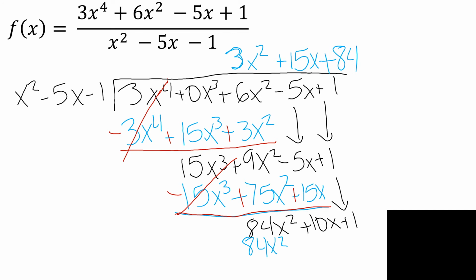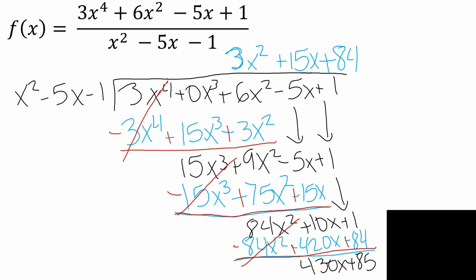84 times negative 5 is negative 420x. And 84 times negative 1 is negative 84. Distribute my negative sign. My 84x squareds cancel. I now have 430x plus 85.